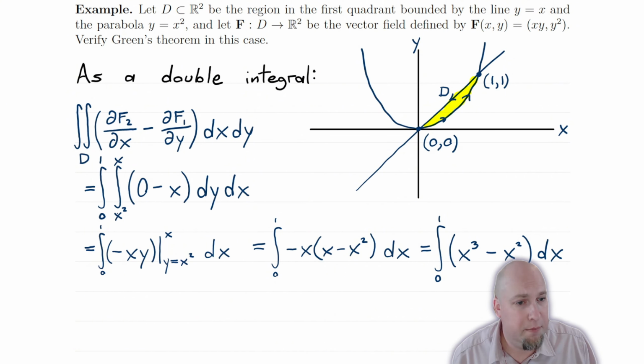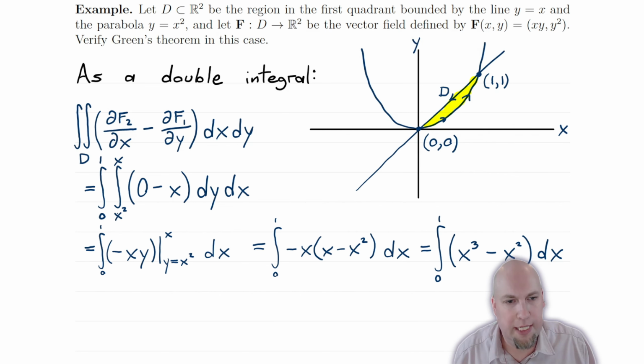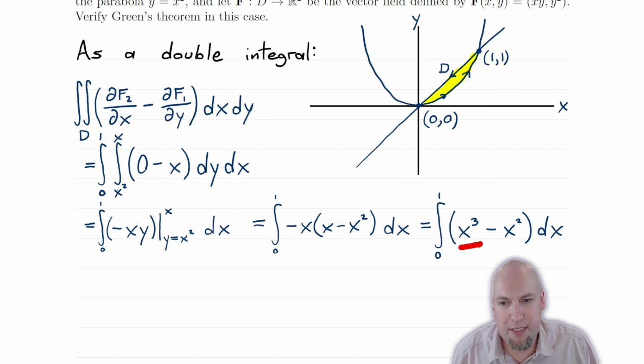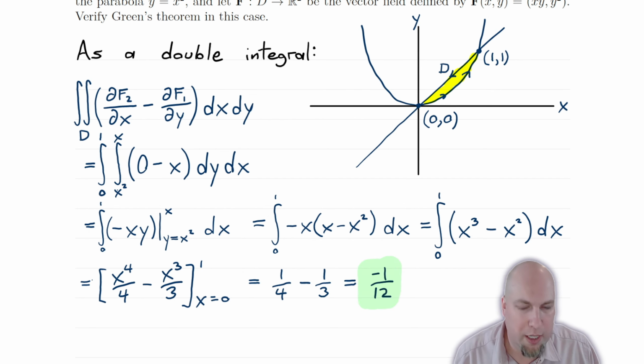Negative x times x becomes a negative x squared. Now I'm done with the y integral, I just do the outer x integral. x cubed becomes x to the 4 over 4, x squared becomes x cubed over 3. Plug in your endpoints, you're going to get a quarter minus a third. Find the common denominator, and you get negative 1 over 12 as the value of that double integral.